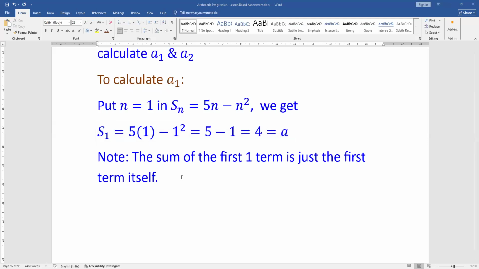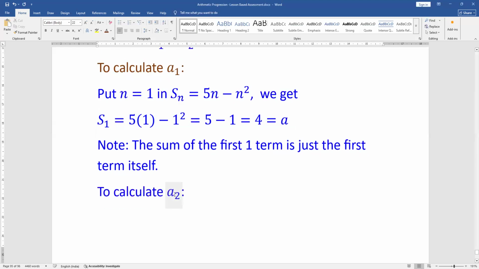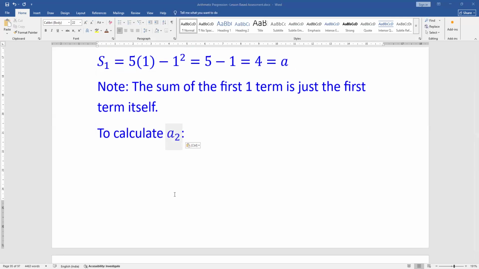Next, to calculate A2, I put n equals 2 in Sn equals 5n minus n squared.